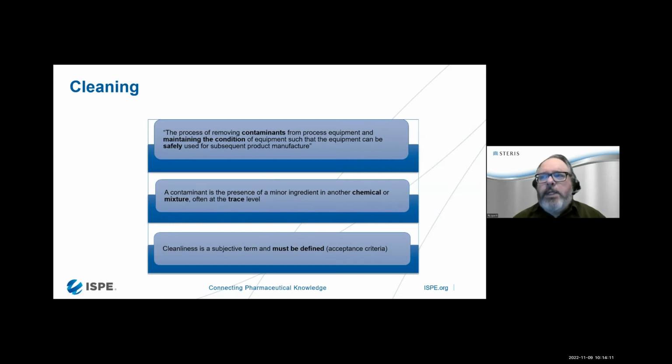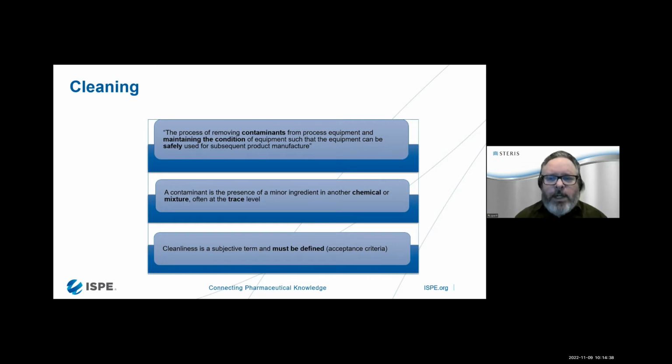And so the first thing is just to indicate that cleaning is the process of removing the contaminants from the process equipment to maintain the condition of the equipment, such that the equipment can be safely used to make subsequent products. And Richard talked about that, multi-product facilities requiring cleaning validation, understanding what the risks are to the next product being produced.